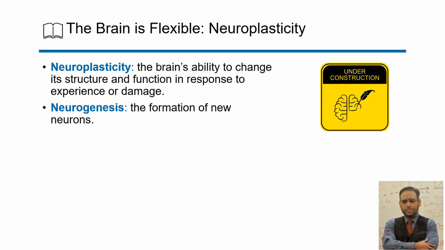Making new neurons is a way that your brain stays healthy and keeps you sharp as you learn new things and experience new activities. That's it. Neuroplasticity is the brain's ability to change and make connections when you learn or practice something new. Neurogenesis is the ability to create new neurons that help you with learning and memory.